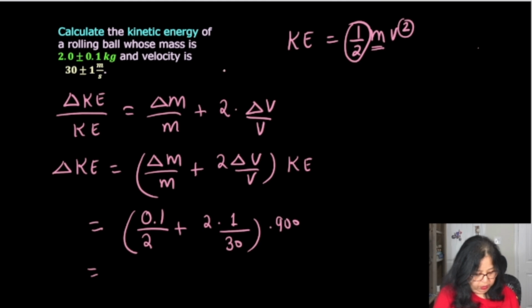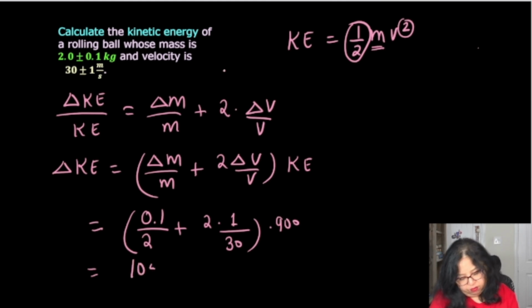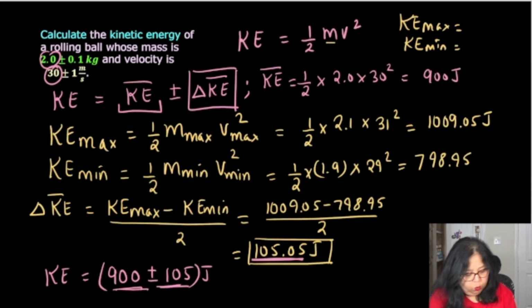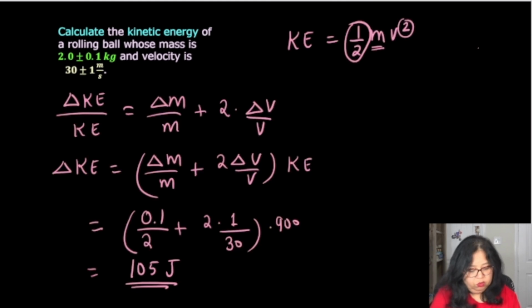We get 0.1 divided by 2 plus 2 divided by 30 times 900, 105 joules. What did we have on the last slide? 105 joules. So the answer is the same. Answer is 900 plus minus 105 joules.